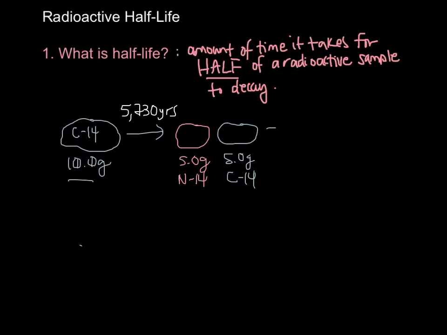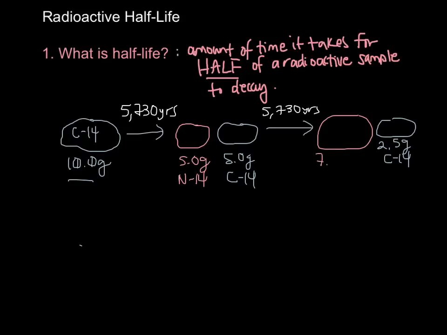And then if we wait another 5,730 years, then we're going to end up with half of our 5 grams, so we'll end up with 2.5 grams of carbon-14, and then the remainder, which would be 7.5 grams of our sample, would be nitrogen-14.